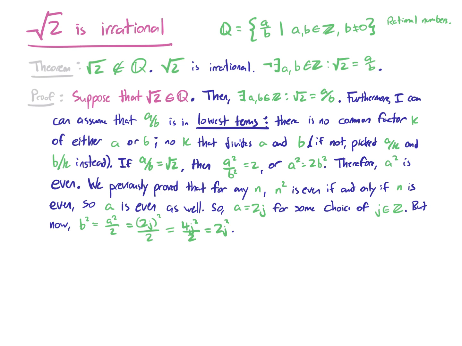So b squared is equal to 2 times j squared. j is an integer. j squared is an integer. 2 times j squared is an integer. So b squared is also even. And therefore, using the same previously proven fact that we cited for a, b is even.